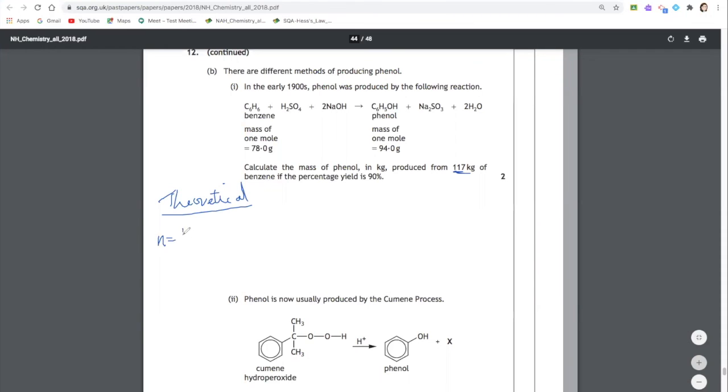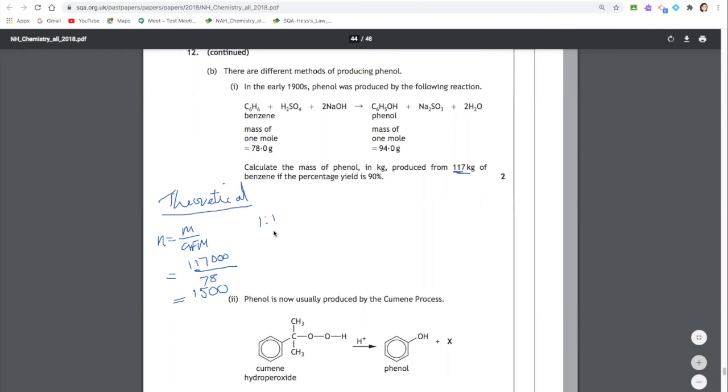So n is m over GFM. So we have that many grams, 117,000. The gram formula mass of benzene is 78. So put that into your calculator, 117,000 divided by 78. So that means that we've got 1,500 moles, which means we could make 1,500 moles of phenol because it's a 1-to-1 ratio.